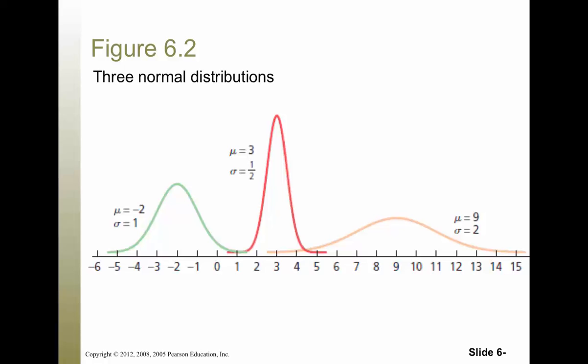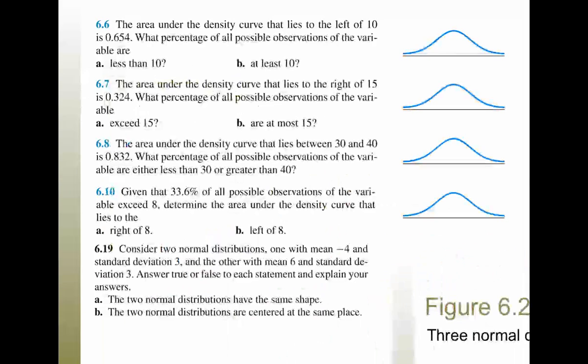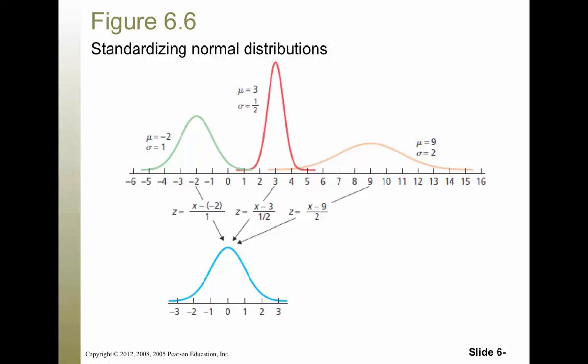Okay, so how do we standardize for that? How do we normalize for that? You had to do it on your quiz. Z-score, okay? So let's make it more interesting here. Let's look at an X value of -1 on this scale, 4 on this scale, and 10 on this scale.